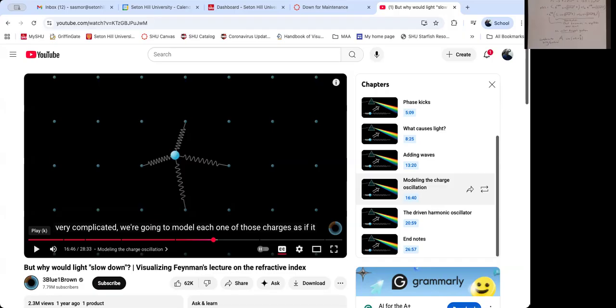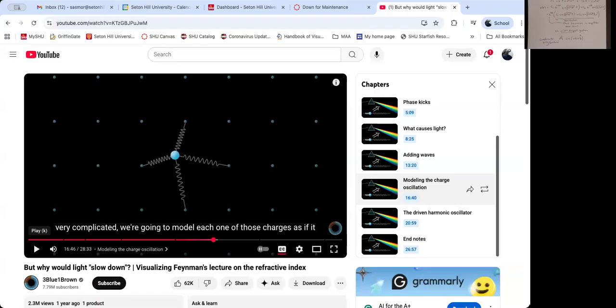What happens when I bounce one of these electrons or atoms by shining light on it? It moves in two dimensions. So I not only have an x of t, I have a y of t. Two simultaneously oriented differential equations. Doesn't matter. Just think of one direction for the moment. What happens is that energy gets absorbed and then re-emitted and bounces to the next atom and the next atom and the next atom.